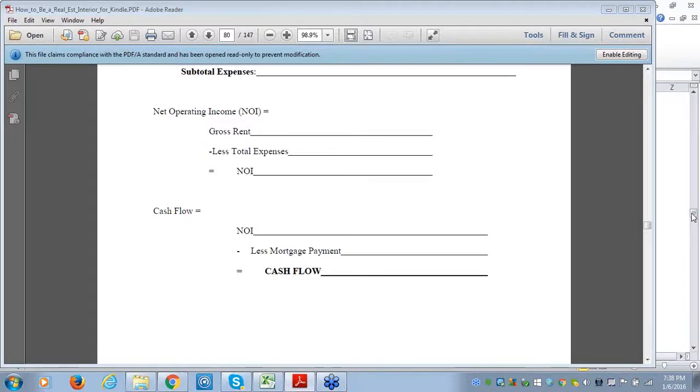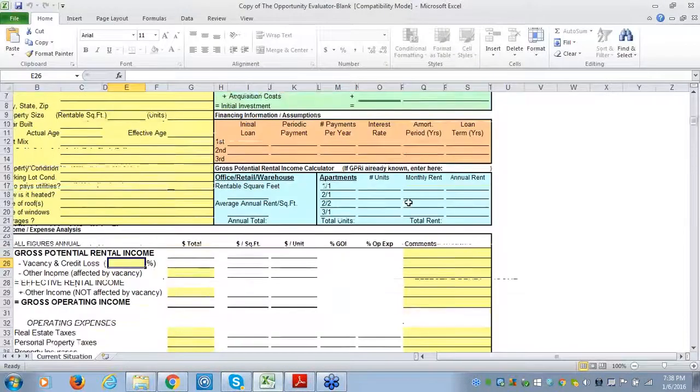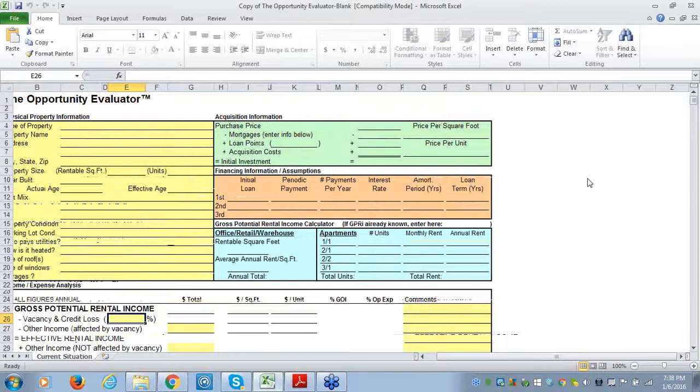I have a cash flow example. Okay, so Ray, I'm going to hang on one second. I'm going to go into the opportunity evaluator, and Ray, I'm going to find you on the attendee list and unmute you. So hang on one second there, big fella.